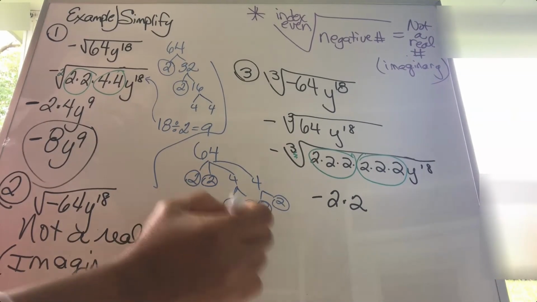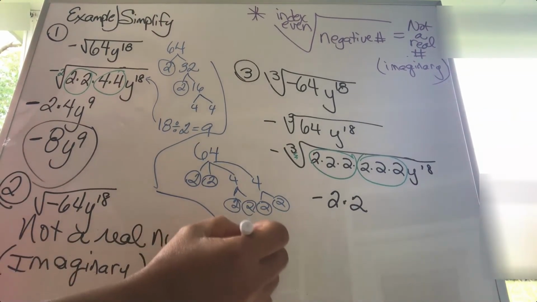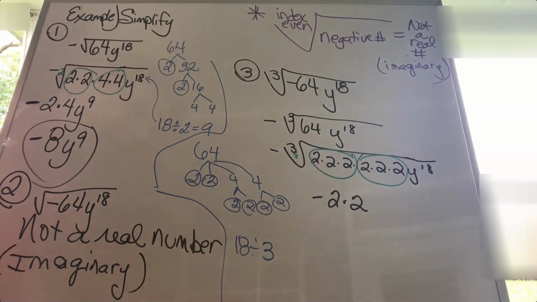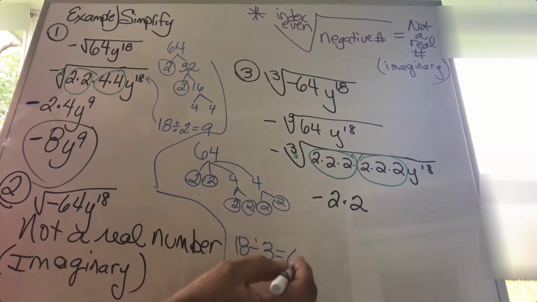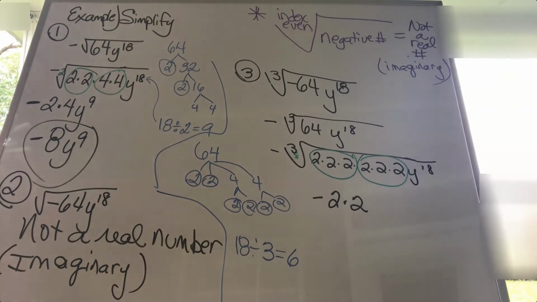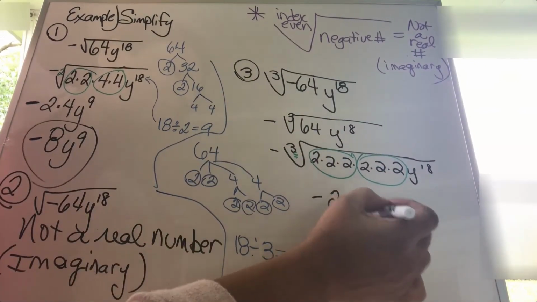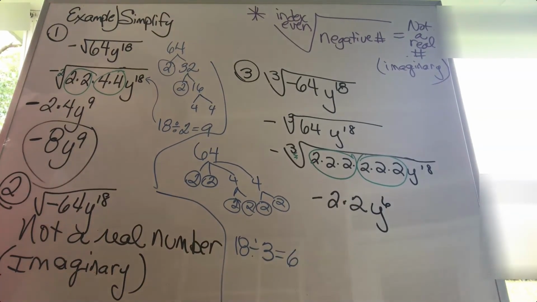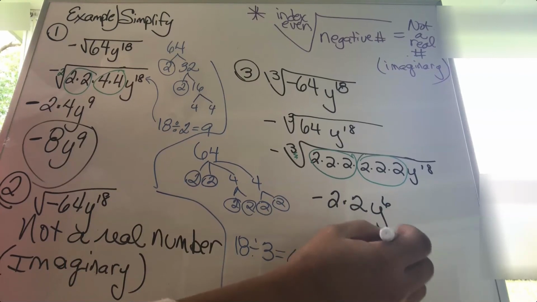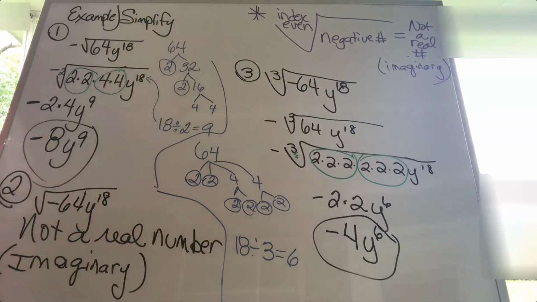So I'm going to take my 18 and divide it by 3, because 3 is my new index. I'm getting a 6. So this will become y to the 6 that I'm able to take out. Now I clean that up. Negative 4 y to the 6, and that's my answer.